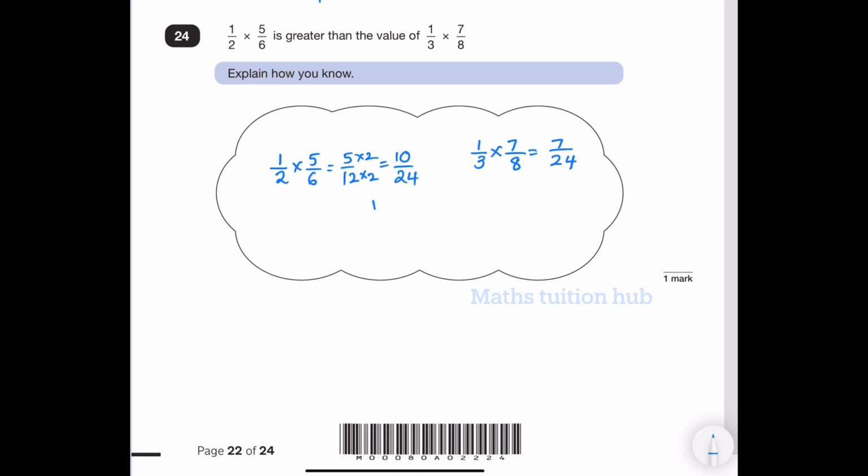That is 10/24. The other one is 7/24. 10/24 is greater than 7/24. So from this we can say half times 5/6 is greater than the value of third times 7/8.